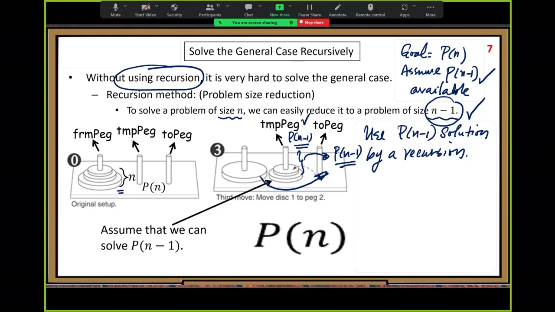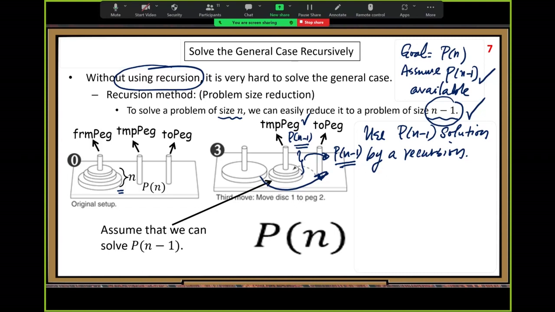So you can see that's the whole solution. We apply P of n minus 1 twice. Between those two recursive function calls, we move the bottom disk from peg 1 to peg 3.